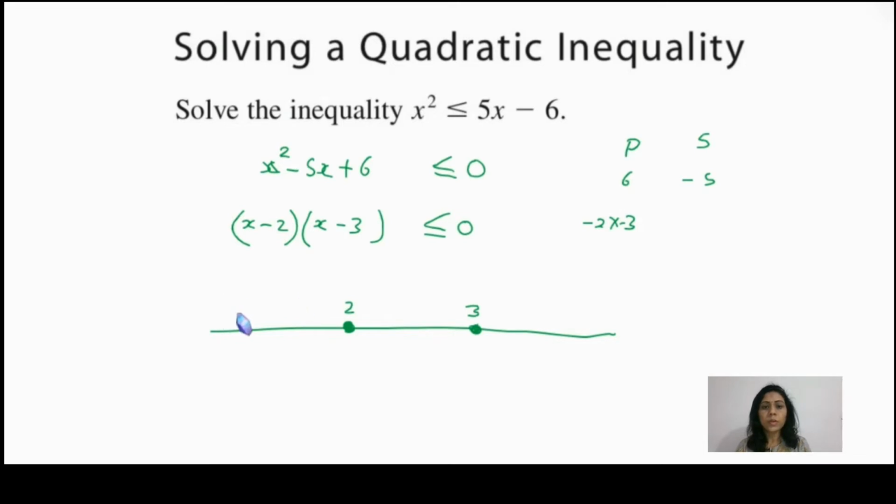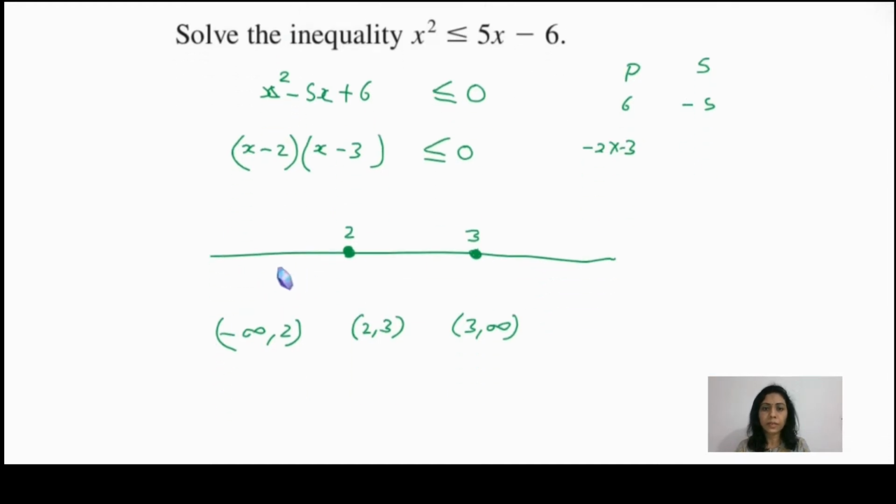Yeah, so here this interval is minus infinity to 2, and this interval 2 to 3, and this interval 3 to infinity, right? So we got three intervals. The number line we can divide into three parts. Okay, minus infinity to 2, 2 to 3, 3 to infinity.